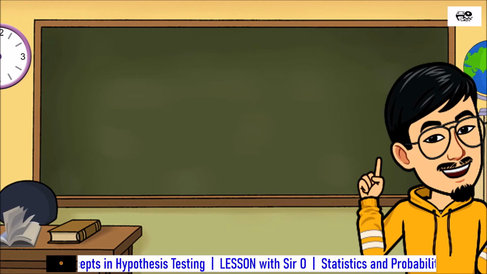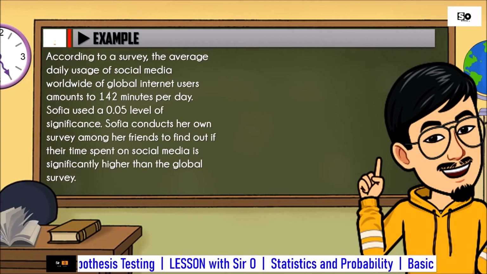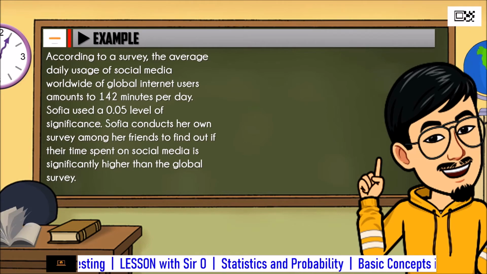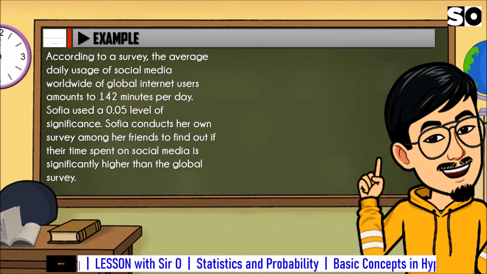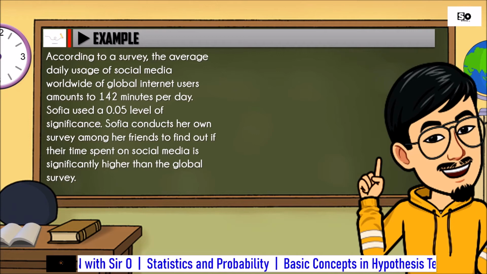For better understanding, let us put it in an example. According to a survey, the average daily usage of social media worldwide of global internet users amounts to 142 minutes per day. Sophia used a 0.05 level of significance.